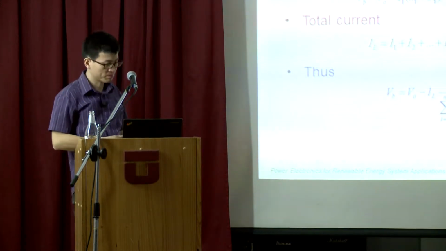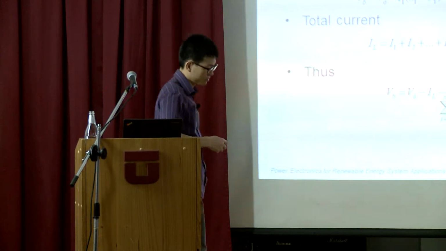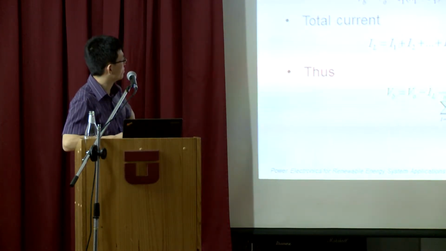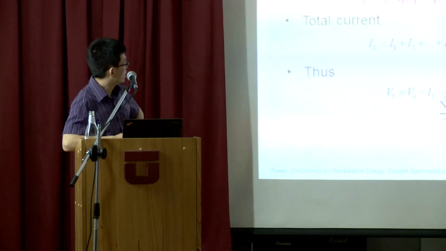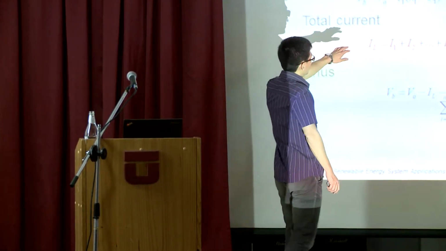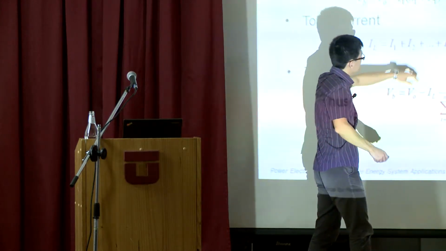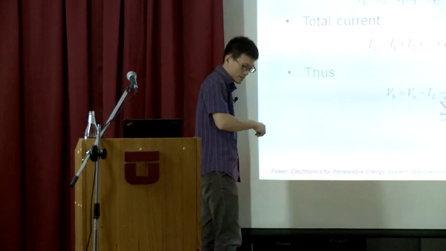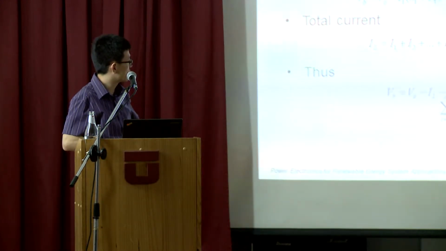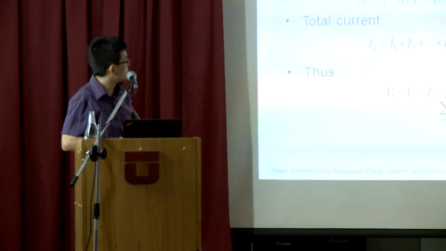So for the current mode with local voltage feedback and the voltage mode system, the bus voltage is essentially equal to V0 minus the droop gain, K1 plus R1. You can calculate it using the droop concept, and what you end up with is the global droop gain.